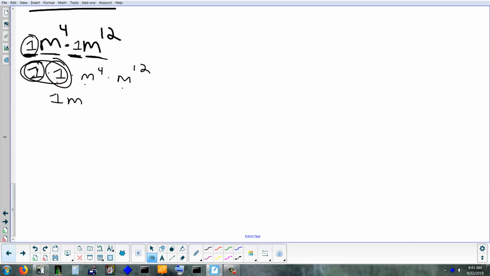M to the 16th. Now, 1m to the 16th is the same as what? You could just write m to the 16th. These two numbers in front did not make a difference in anything in example 1. But they're going to in example 2. Whatever it is. So questions on that rule?